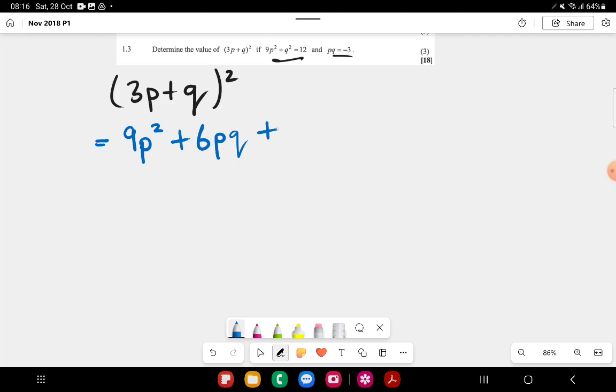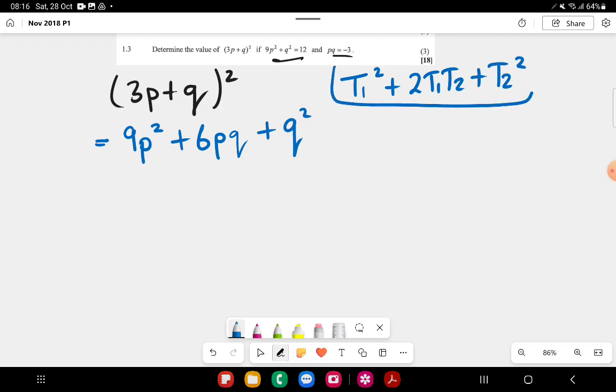And term 2 squared is going to be q squared. Just a reminder, what did I do? I said term 1 squared plus 2 times term 1 times term 2 plus term 2 squared. This is the formula I used. If you use FOIL, that would also work. But this one is shorter, quicker, faster.